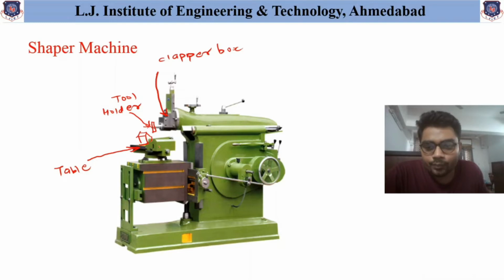Now this table can be moved up and down at this particular portion, and that up and down movement is obtained by a particular part of the shaper machine, and that part is called the column. This bottom part, which supports the entire assembly of the shaper machine, is called the bed.